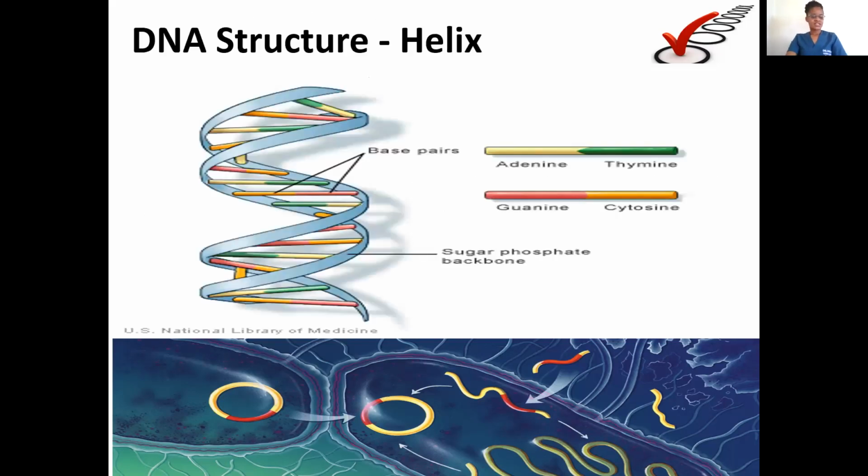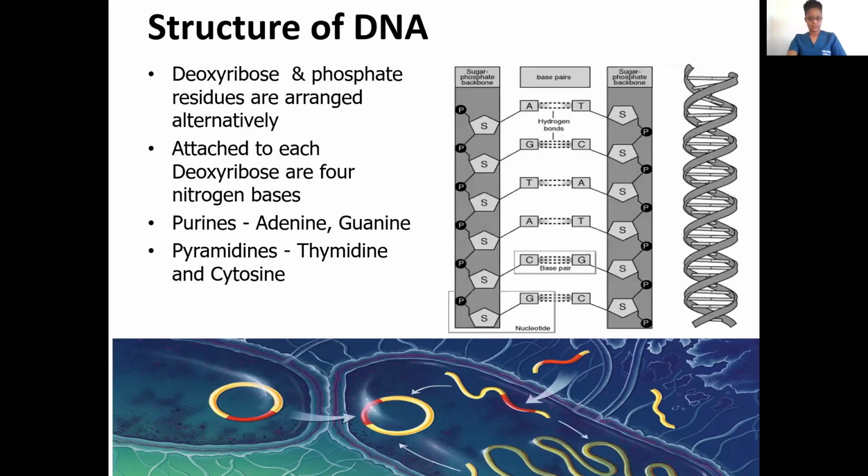So this is just a diagram to show you the DNA helical structure, the double helix plus the bases. So for the structure of DNA, we have the deoxyribose and the phosphate residues that are arranged alternatively. And then attached to each deoxyribose sugar are the nitrogen bases, these ones.